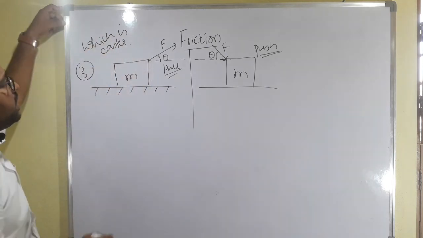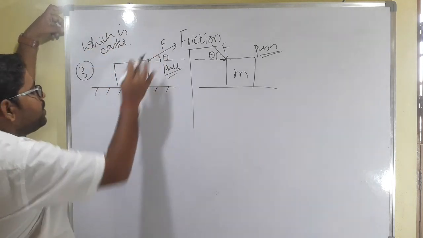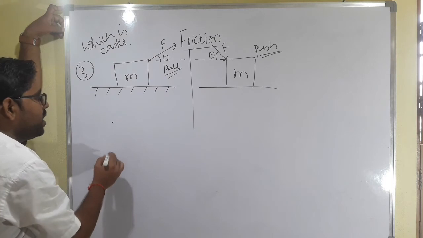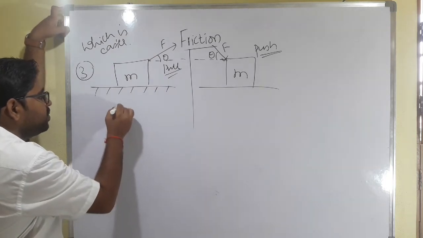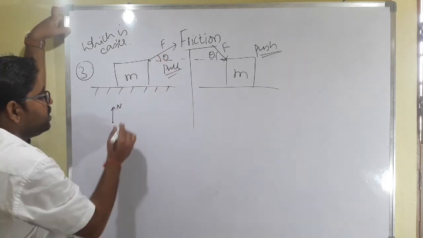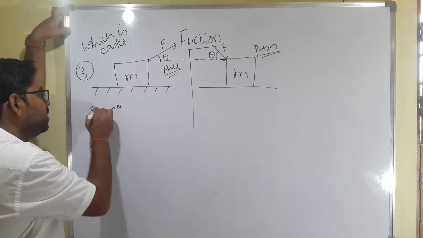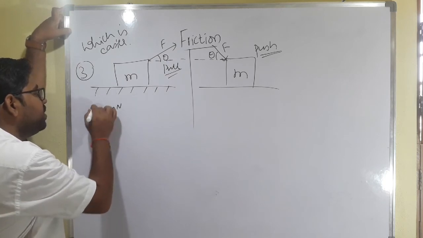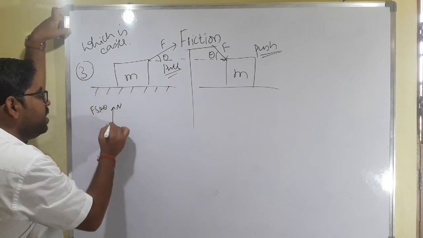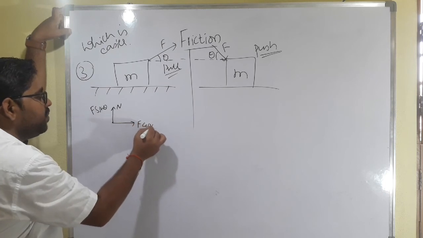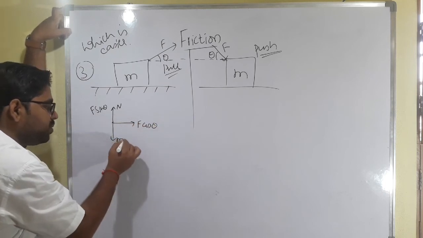Okay, so let's solve this. Let's resolve the components, the free body diagram. It is normal reaction, and F, if you resolve it, it will be F sin theta here and F cos theta here, and downward mg force.